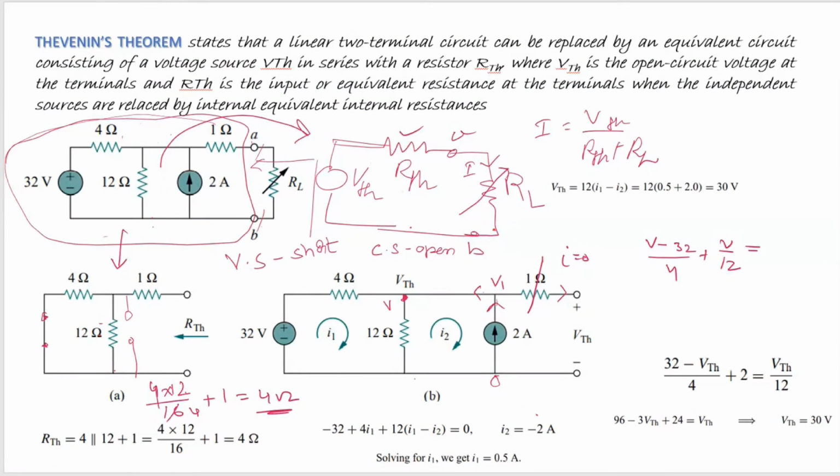So it is equal to 2. If you solve this, V by 4 plus V by 12 is equal to 2 minus 32 by 4. Solve it and tell me the answer.